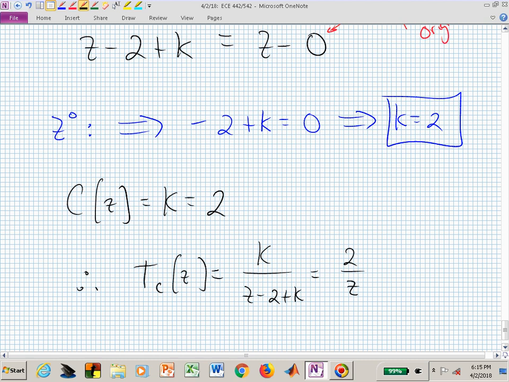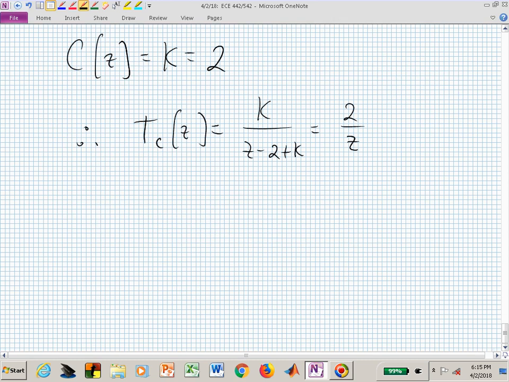What does this give us if you wanted to look at the steady state behavior? What's the DC gain here? Now we put in a 1, what do we get out?